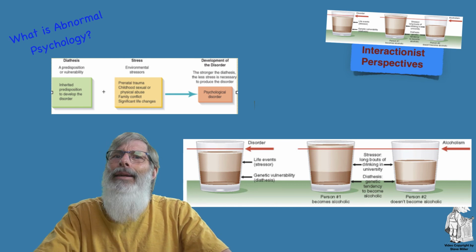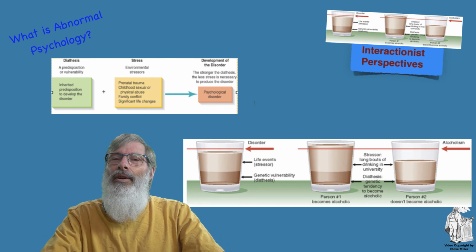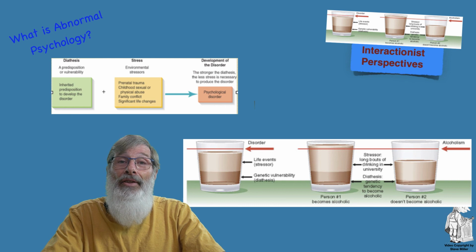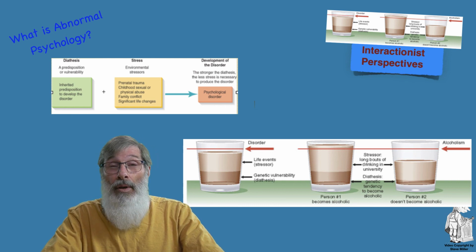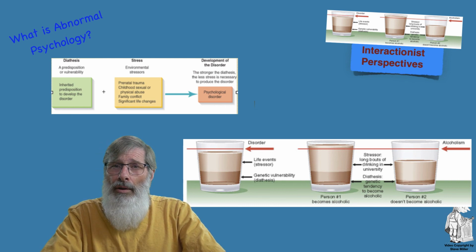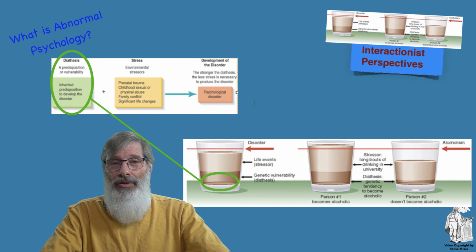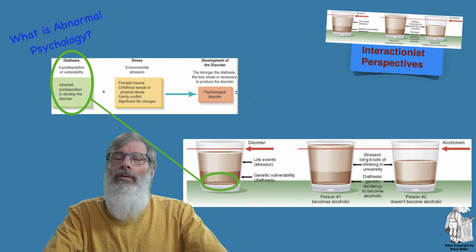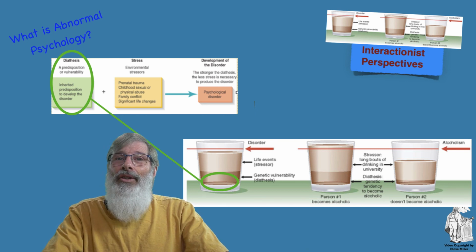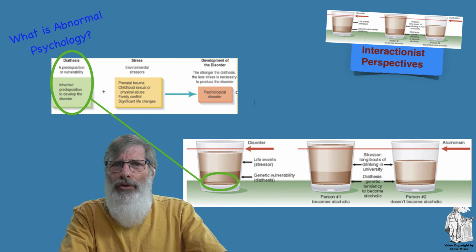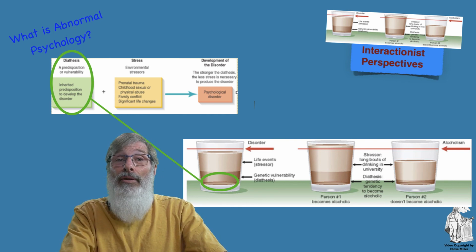Now, the leading interactionist model is a very popular one, and it seems to have a very powerful influence. It's known as the diathesis-stress model. The diathesis-stress model posits that some people have predispositions. You can replace predispositions with diathesis. Diathesis is the predispositions that some people might have, genetic disorders that haven't materialized.